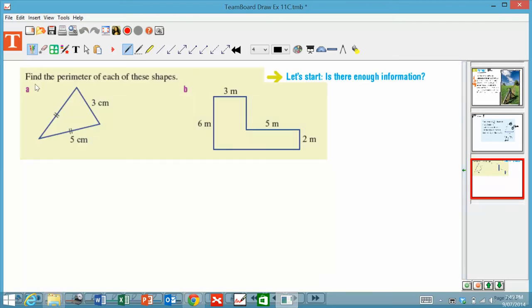Okay, find the perimeter of each of these shapes. So we've got this triangle, so very simply, perimeter equals, I know I've got 3 centimeters, I know I've got 5 centimeters, and don't forget your units.